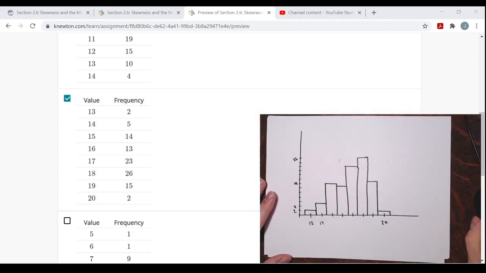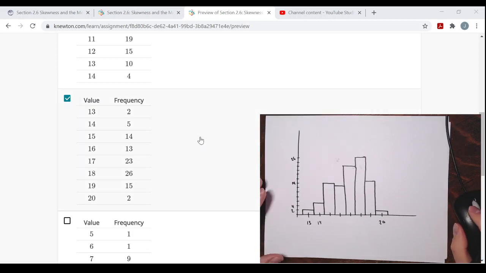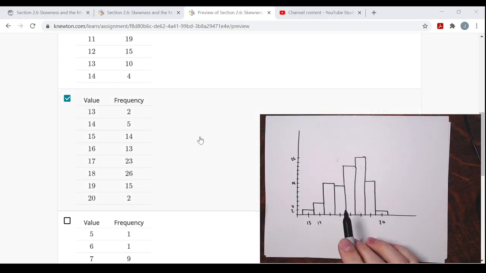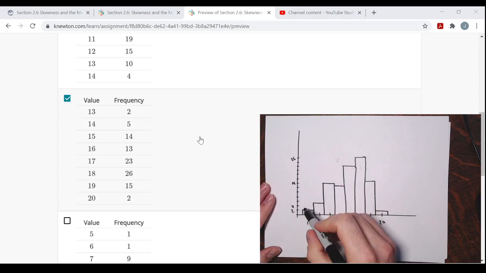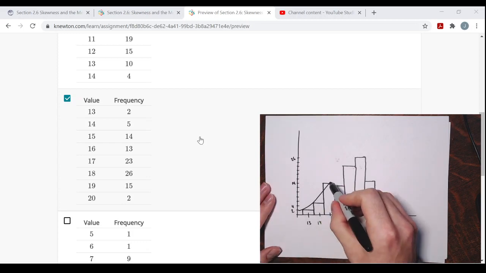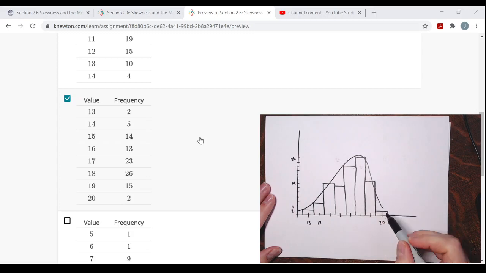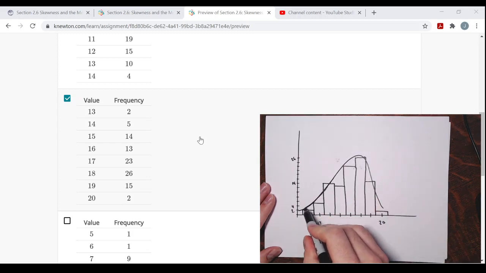And so again, for this one here that I've already marked off, it's a very rough histogram. But if you look at this, it's not a very long tail on the right side here, but there is definitely more of a tail on the left. So it's got more of a shape like this.